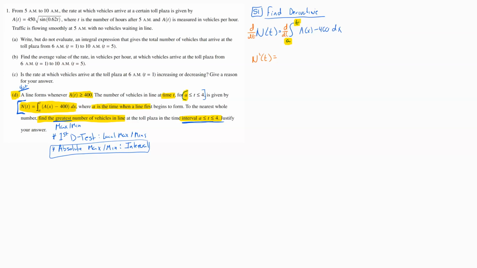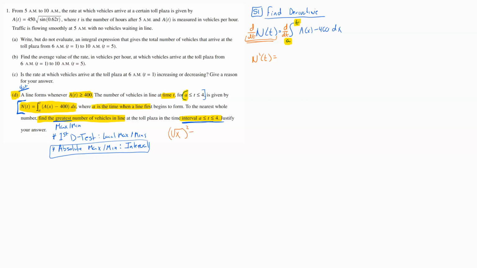Because we needed to find the derivative of this side, whenever we do something to one side, we have to do it to the other. That's how we keep things balanced in math. The derivative of n of t is n prime of t. On the right side, when I take the derivative of an antiderivative, those are inverses of each other, like squaring a square root.